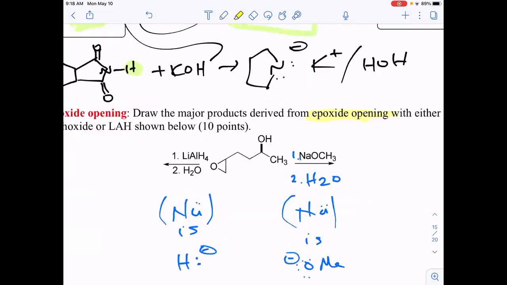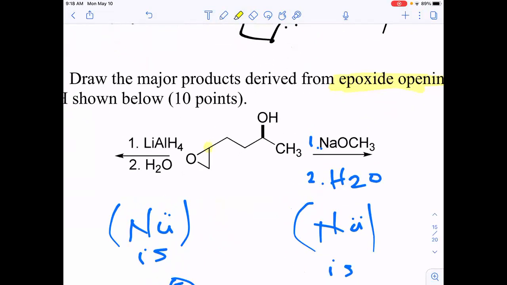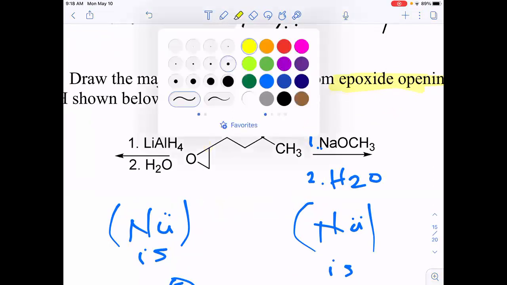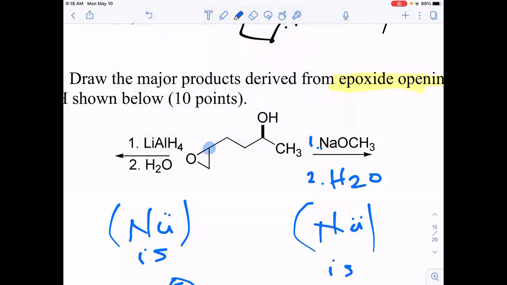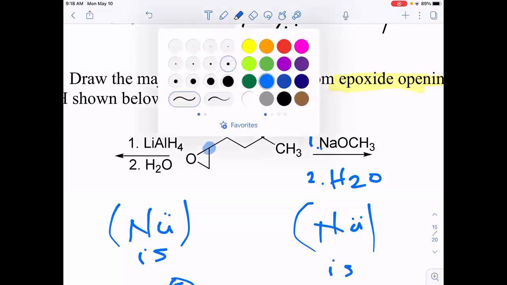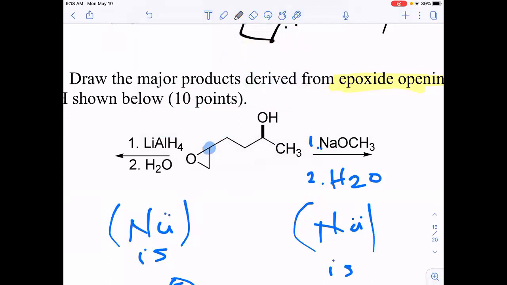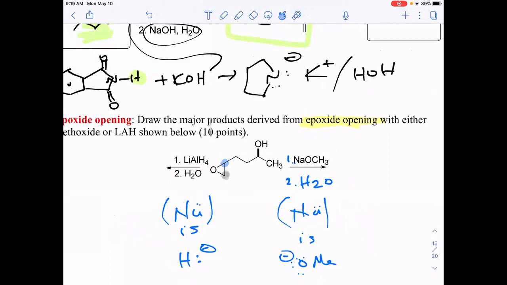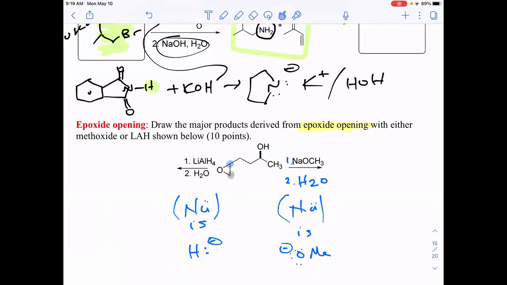You can open at either side because both of these carbons are electrophilic. I don't like that yellow, sorry about that. So you can open here or you can open here. But which side is going to be favored under neutral conditions? The least substituted side. So the side that's highlighted in gray, right?